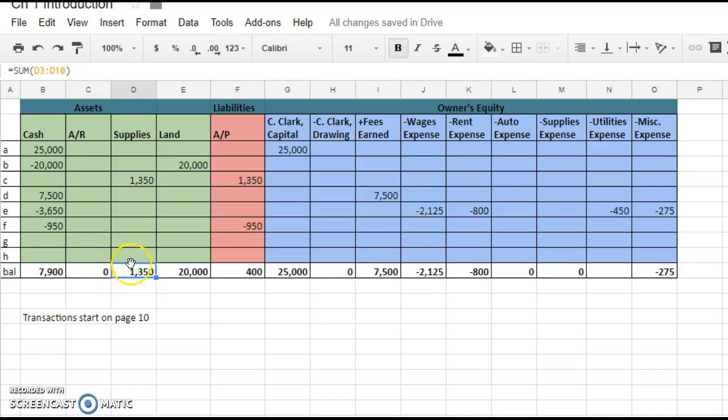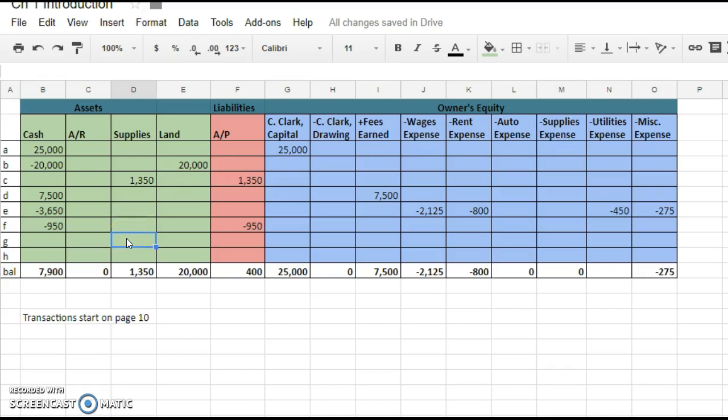So I need this number to equal $550. So $1350 is what they say we have on hand, but we really don't. We've used up some supplies. So if you used up some supplies, we've got to expense them out. So we have to take the asset of supplies and make it an expense.